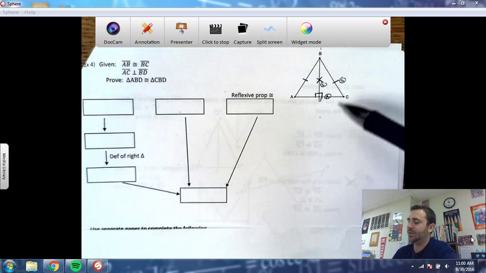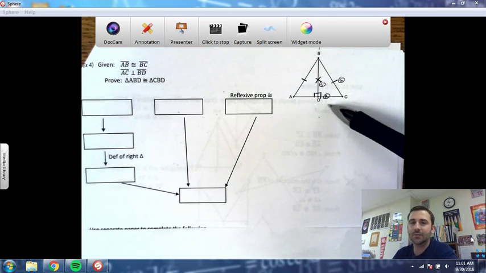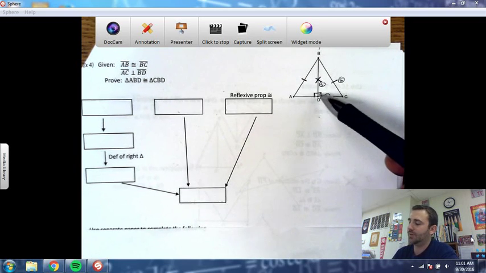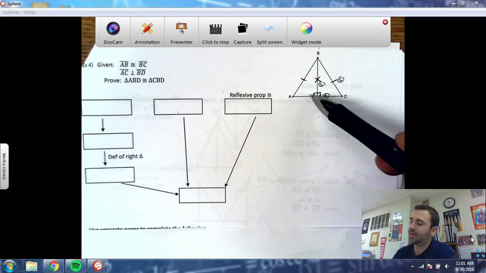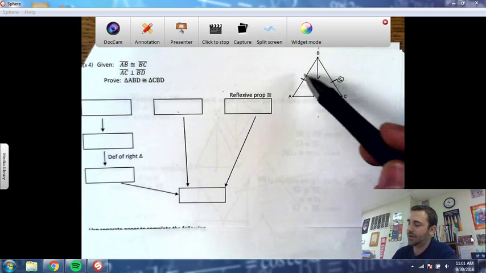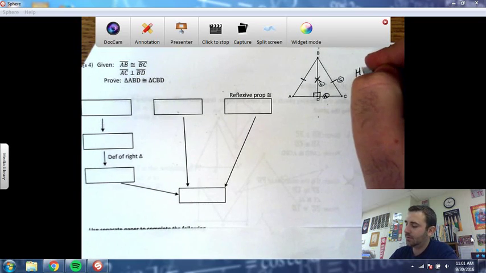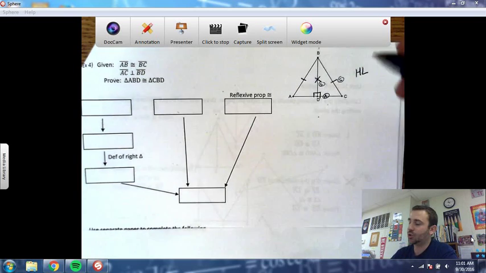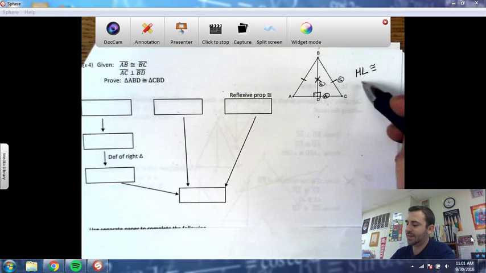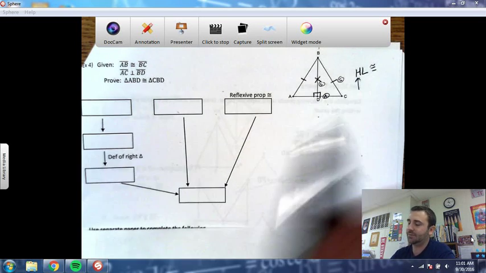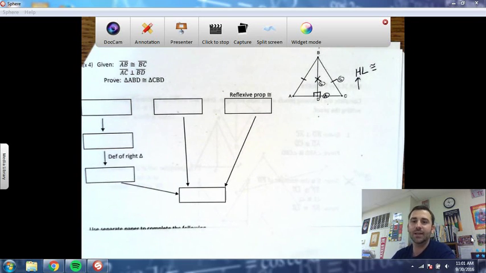Well, notice that side-side-angle is not one of the ways we prove triangles congruent. So then let's look at these right angles. If I have these right angles, these have to be right triangles. And the only congruence shortcut that we have that explicitly involves a right angle is hypotenuse leg.